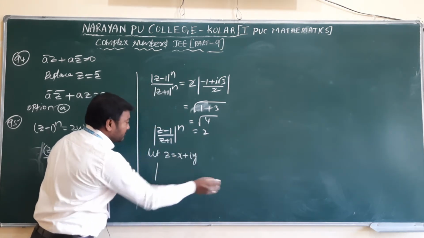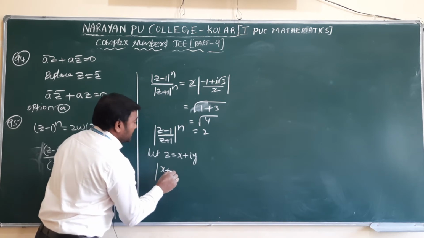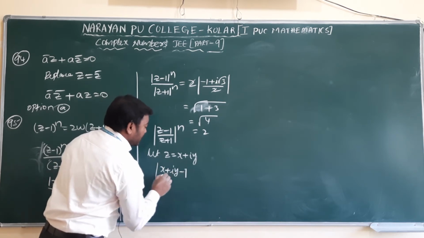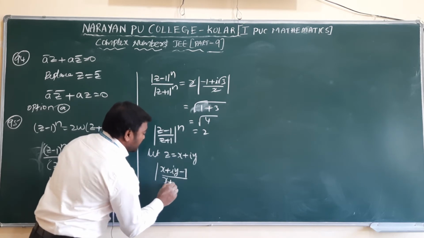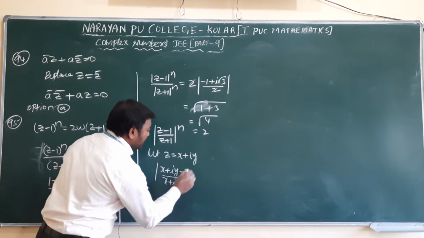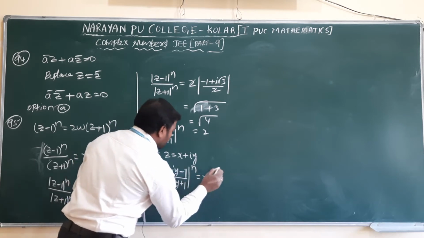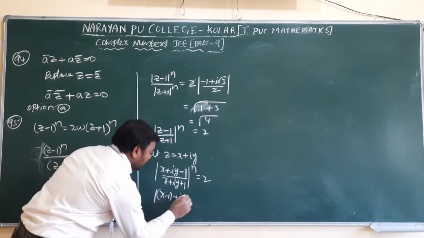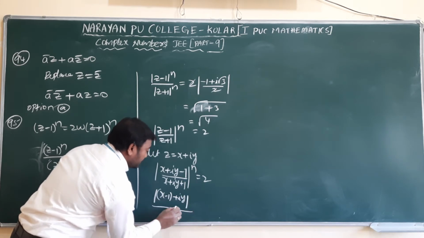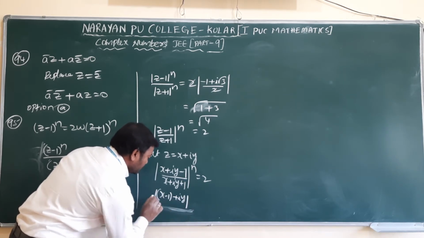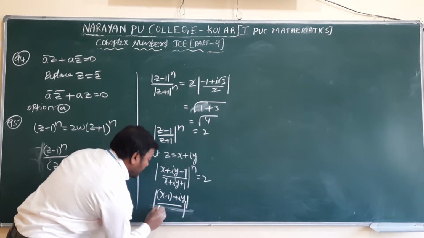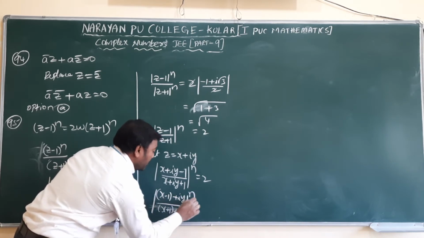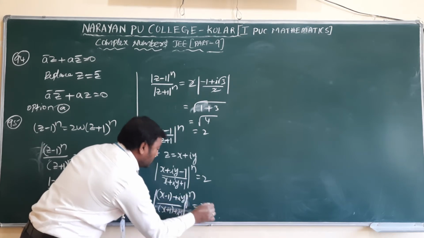Here modulus of x plus iy minus 1 divided by x plus iy plus 1, whole power n, is equal to 2. So modulus of x minus 1 plus iy divided by x plus 1 plus iy, whole power n, is equal to 2.